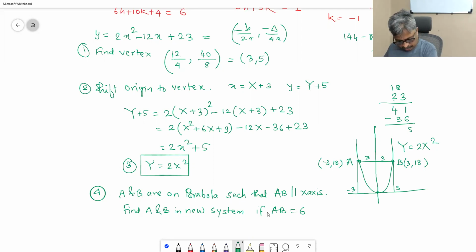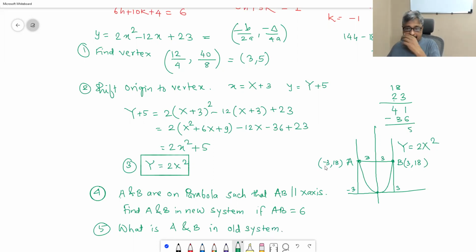What are the corresponding coordinates of A and B in the old system? Now the fifth question is, what are A and B in the old system? Okay, so these are now capital X comma capital Y. And if I want to go back to small x, small y, capital X is equal to minus 3, which is equal to x minus h.